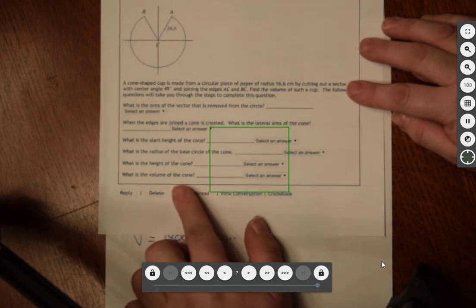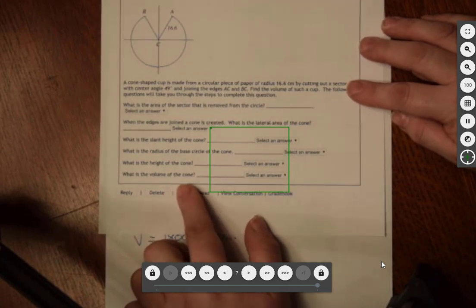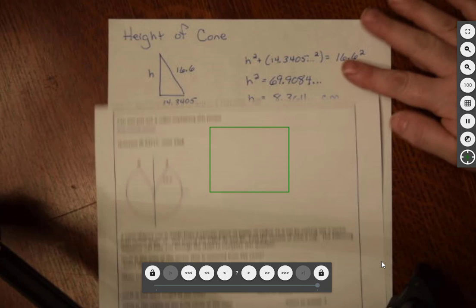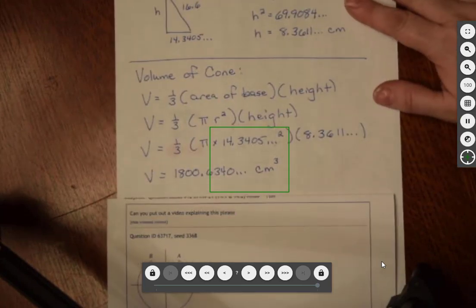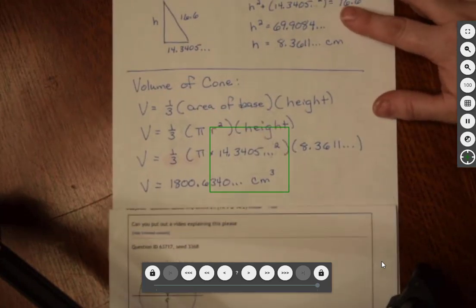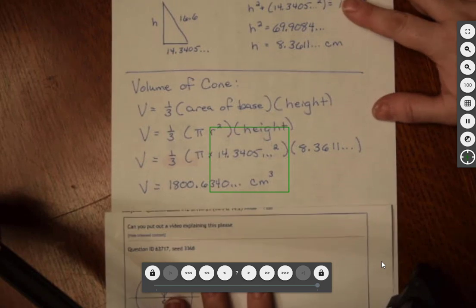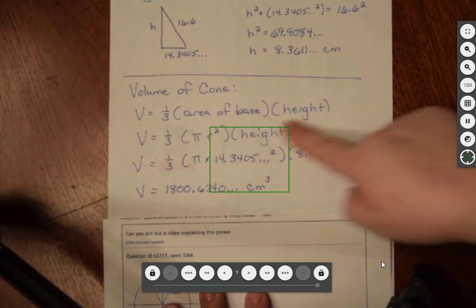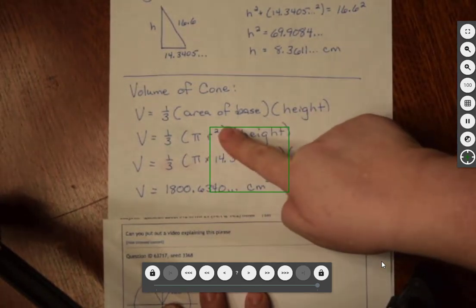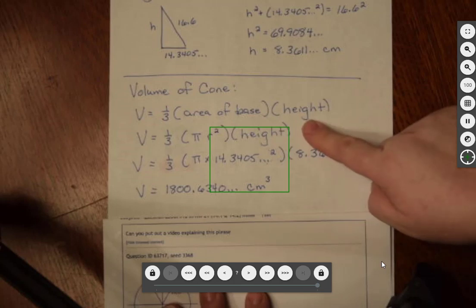Okay, last one. What is the volume of the cone? Well, since we know the height, we can find the volume of a cone. So the formula is 1/3 times the area of the base times the height.